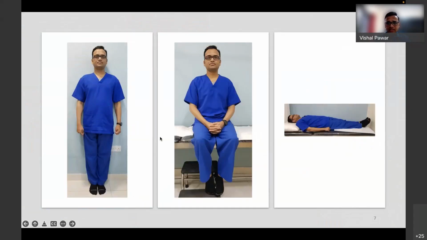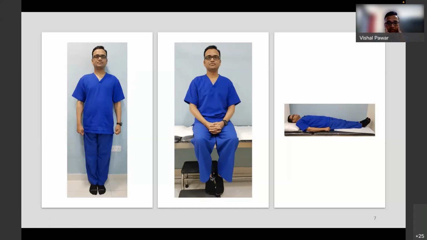And this is what I was talking about: in the steady state also, when the subject is lying down, sitting, or standing, when there is no movement, during that time also the vestibular system is at work, and it is trying to maintain a sense of no vertigo or no vestibular symptom. It is because of the continuous work by both sided vestibular systems in a symmetrical and opposite way.